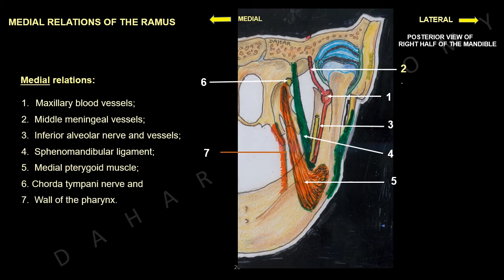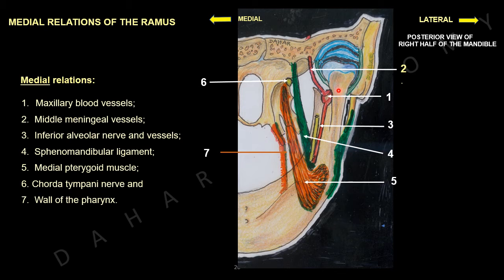Medial relations of the ramus, that is, structures on the medial side of the inner surface of the ramus. Look at the diagram. This is the coronal section of the right half of the mandible. We are looking from behind. What are the structures? This is base of the skull. This is right temporomandibular joint.